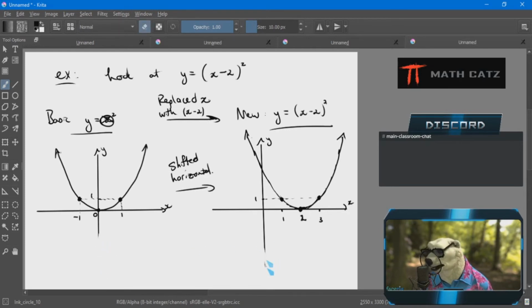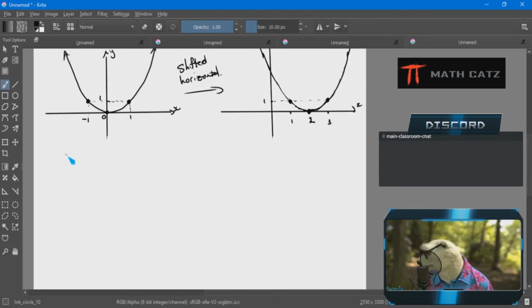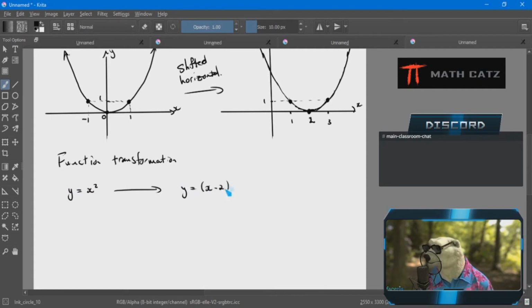So let's just highlight or summarize what is happening here. My function transforms with a function transformation y equals x squared to y equals x minus 2 squared, for example.